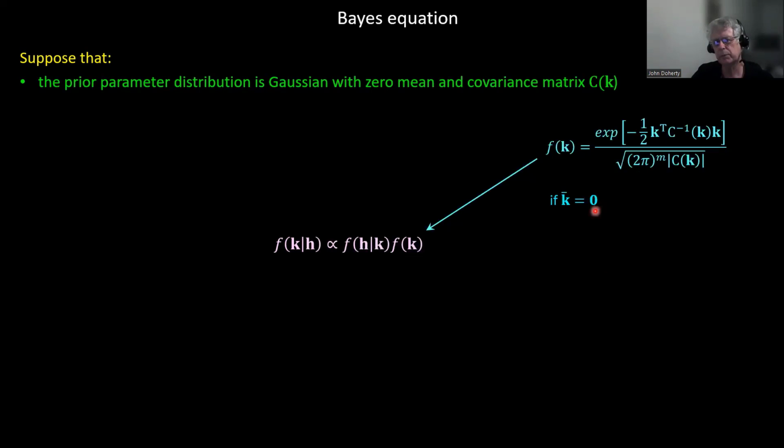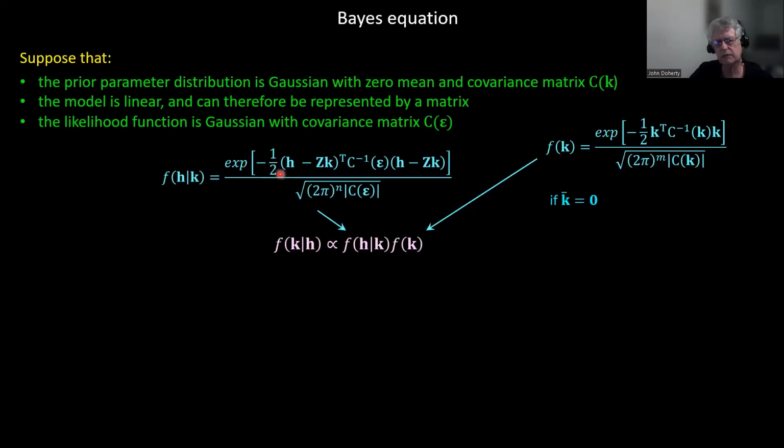Let me also suppose that the prior mean of k is 0, just to make this equation a bit easier. So there's a multi-Gaussian probability density function governing the parameters k. At the heart of that is C_k, the prior covariance matrix of parameters. This is something we've talked about a lot over the last couple of webinars.